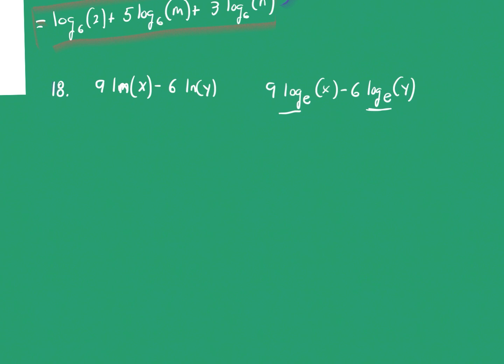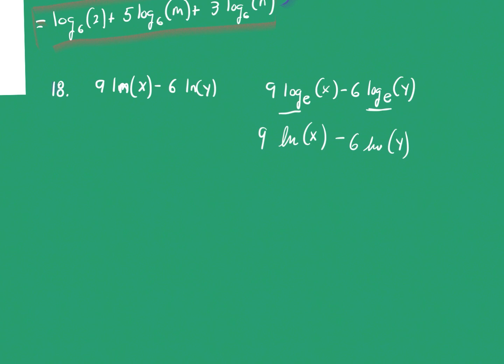We use base e so much that it has its own notation, and we call it the natural logarithm. So we would say this as ln. This would be the same, 9 ln of x minus 6 ln of y. And usually these are written in cursive, although the book just prints them as ln. But in most books, you'll see the natural logarithm written in cursive.